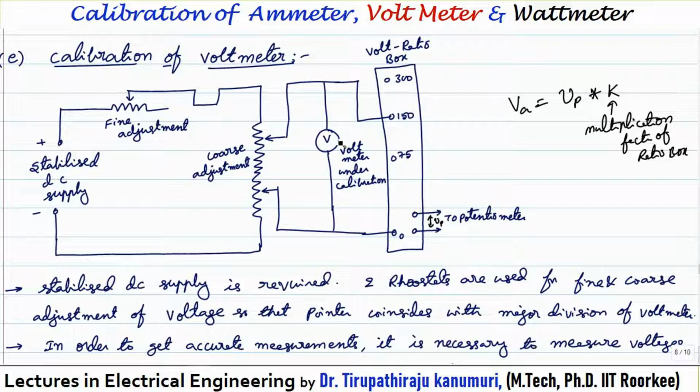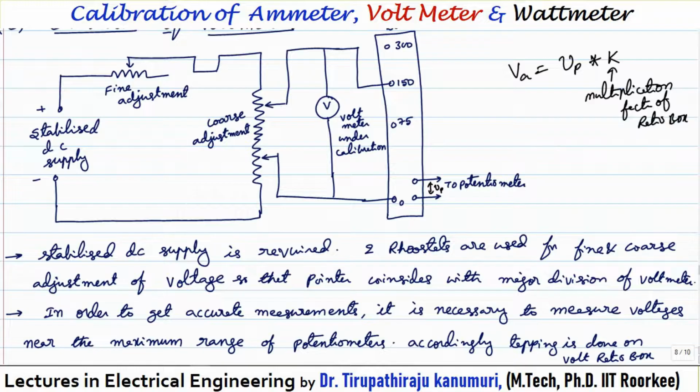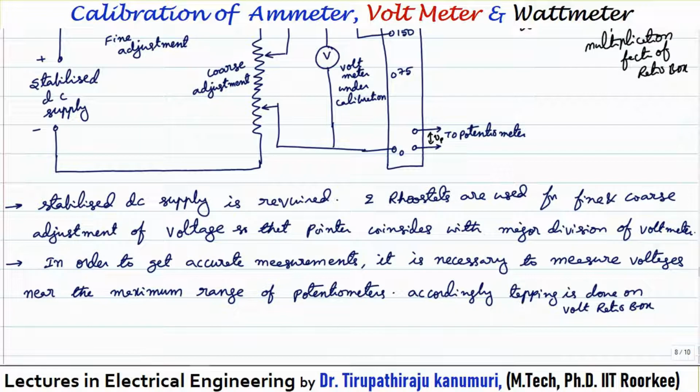If both do not match, there is an error, which can be either positive or negative. Accordingly the error calibration curve will be drawn, and accordingly we make the decision for adjustment. That means either you can change the scale reading of the voltmeter or take precautions, or depending on the reason the error is coming, you can rectify the problem. These things are already discussed in the error analysis topic, so I am not going into detail now.